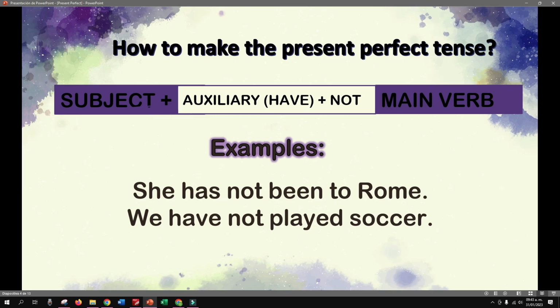In this case, when you have regular verbs, they have almost the same structure in past and past participle, with -ed, because this is a regular one. So played, played in past participle. So, we have not played soccer.